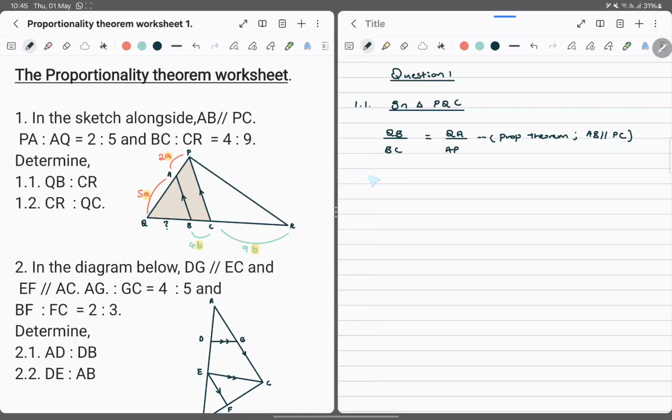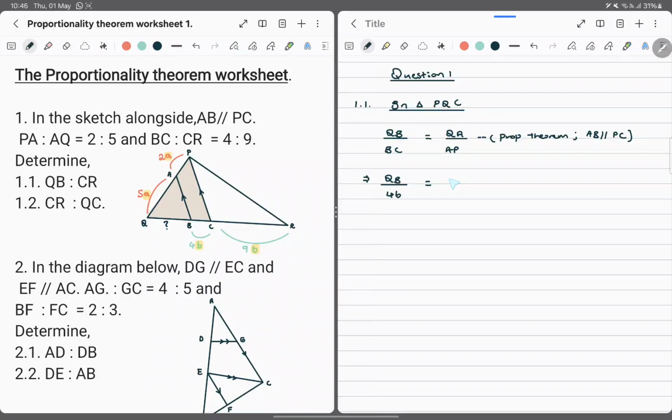Now, what are we going to do? We simply substitute. So we know that our target is QB over BC. Now BC is 4B. So don't show up with 4B that we don't see on the sketch. Remember, every time these questions are asked, there is a diagram sheet for the student to annotate and present with the answer sheet.